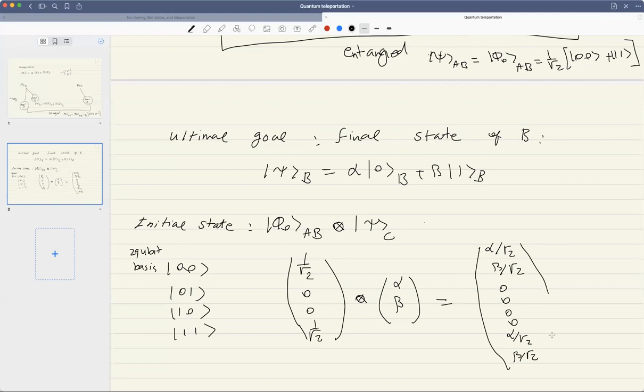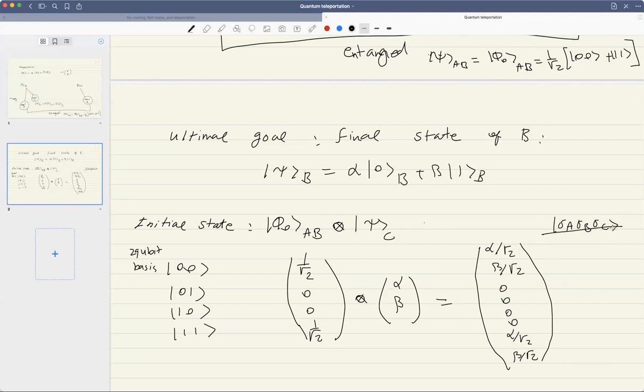This is my state in the basis, let's say sigma A, sigma B, sigma C, right? So we're doing A comes first, then B, then C, that take the following values.